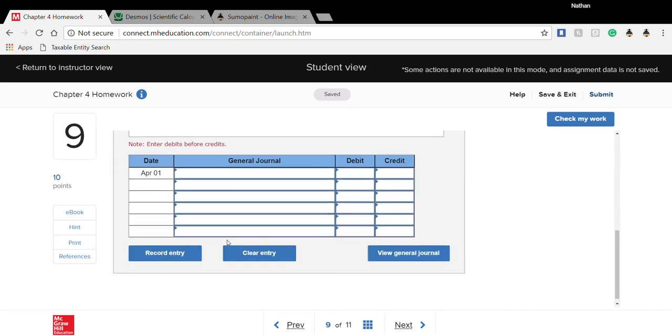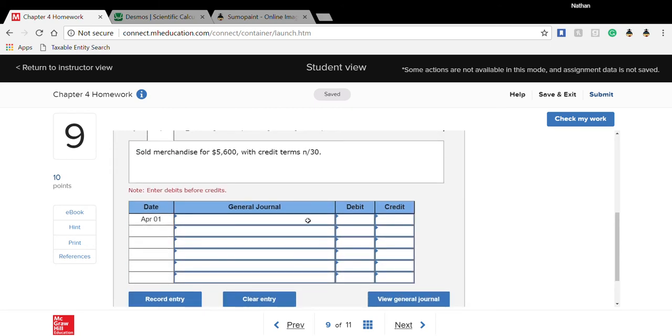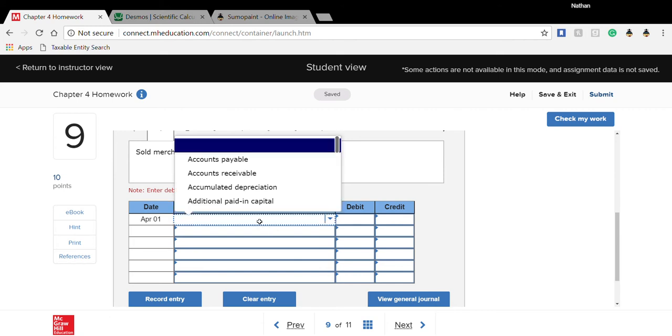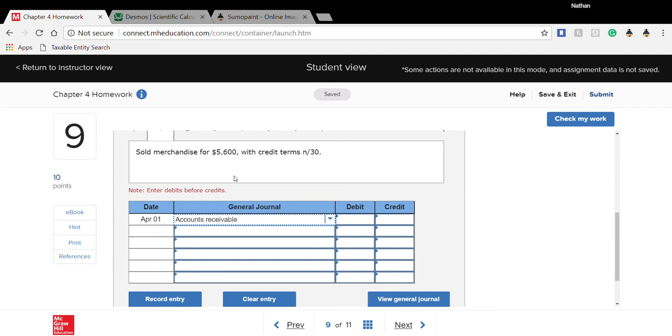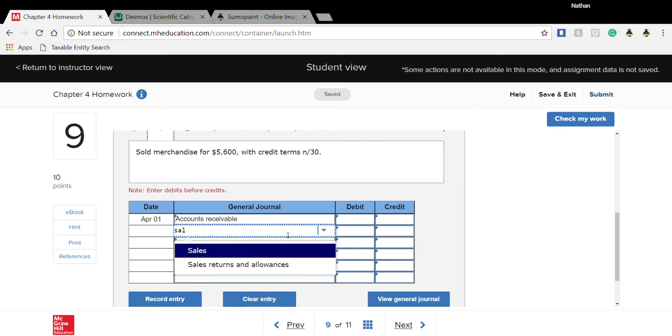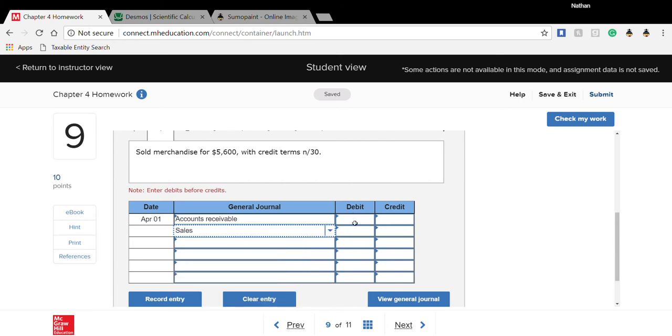Anytime we sell anything on credit, we know we have to debit accounts receivable, because this is saying that we provided a bill to our client. They just have to pay it to us, and we record the sale. So easy enough. 5,600, 5,600. Okay. So that's one.